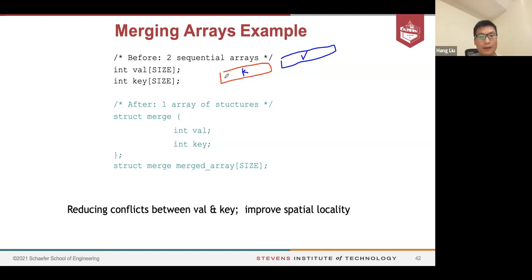When we access the first entry of the key, we're probably also going to access the value of the first entry. So you can see this is a miss on this one and a miss on this one as well, because they are far apart.